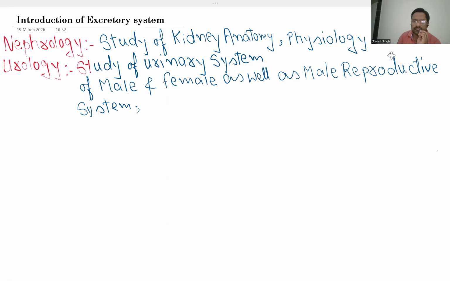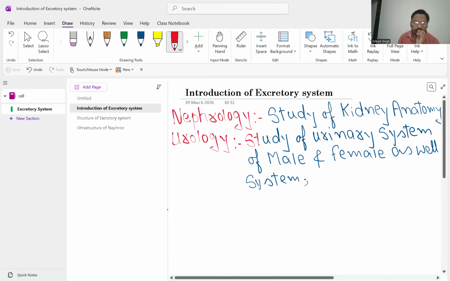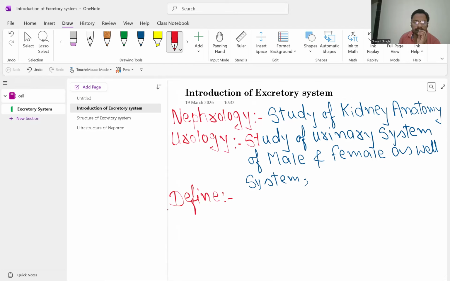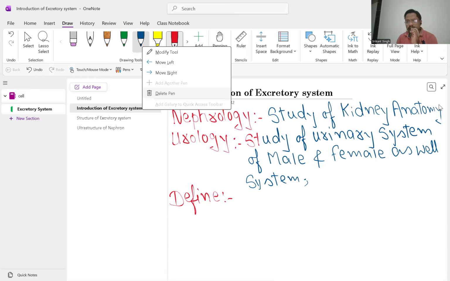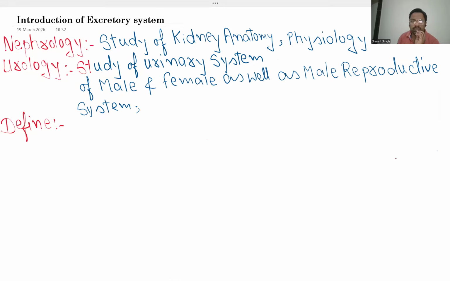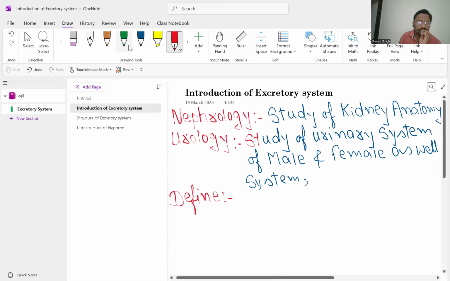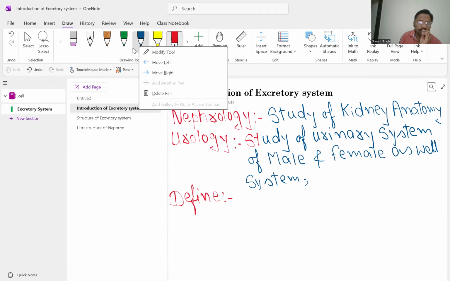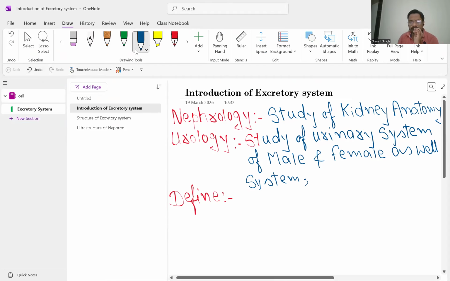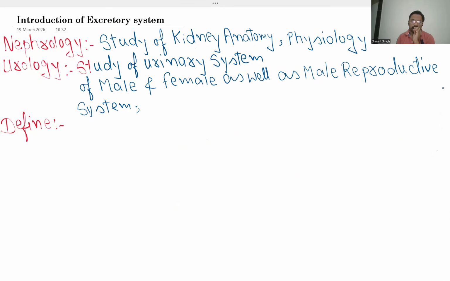Now we are going to define the excretory system. On this page, we are going to introduce the excretory system.